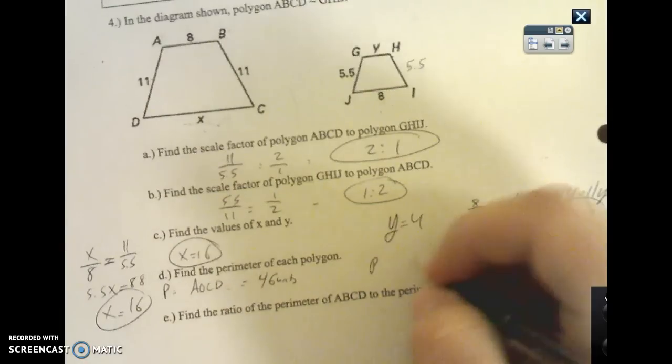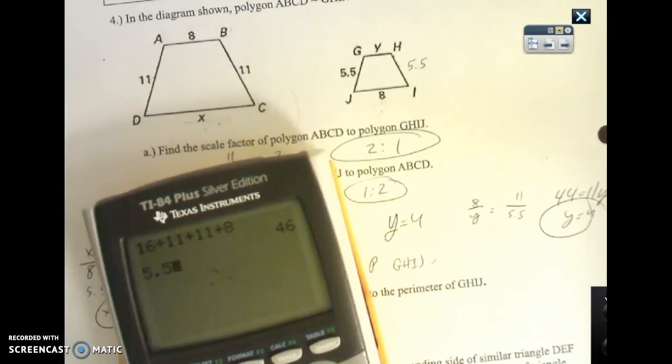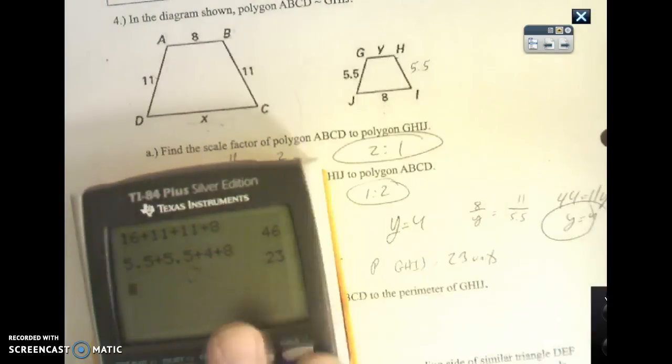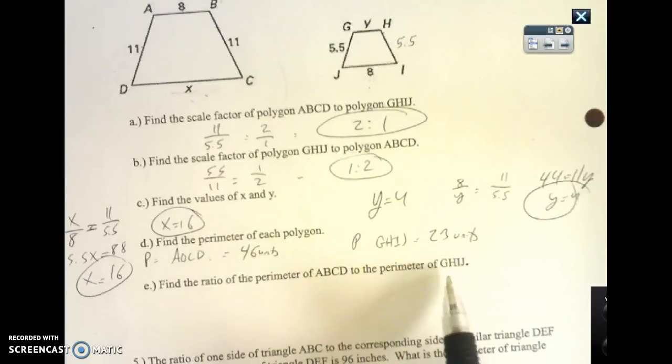The perimeter of GHIJ is 5.5 plus 5.5 plus 4 plus 8, 23 units.